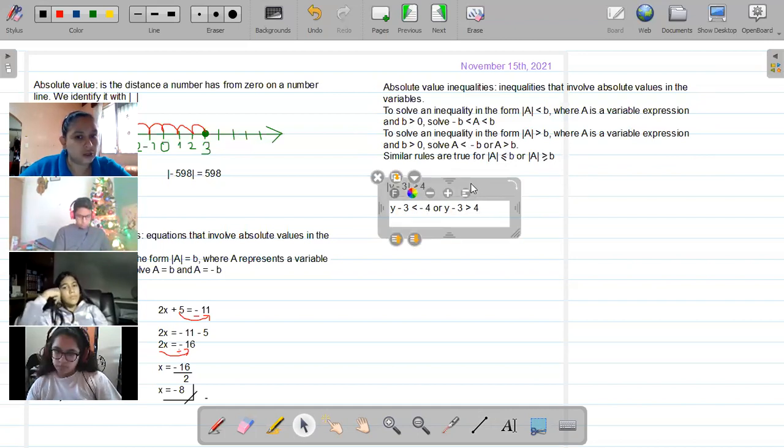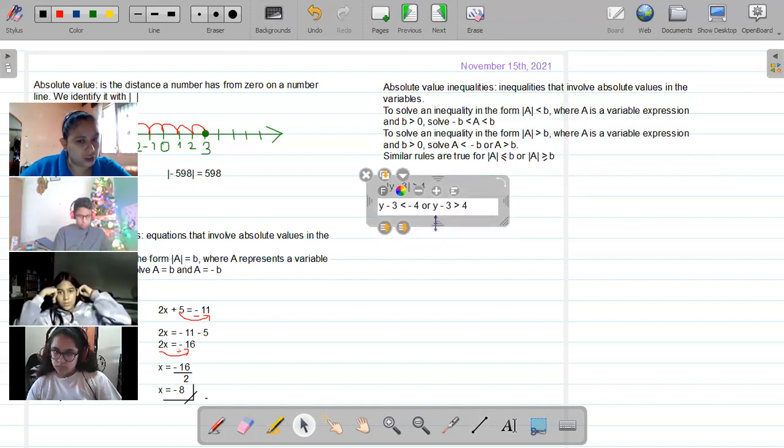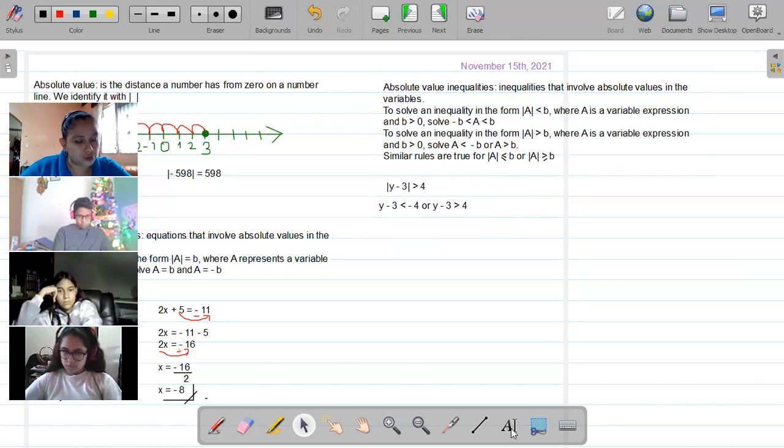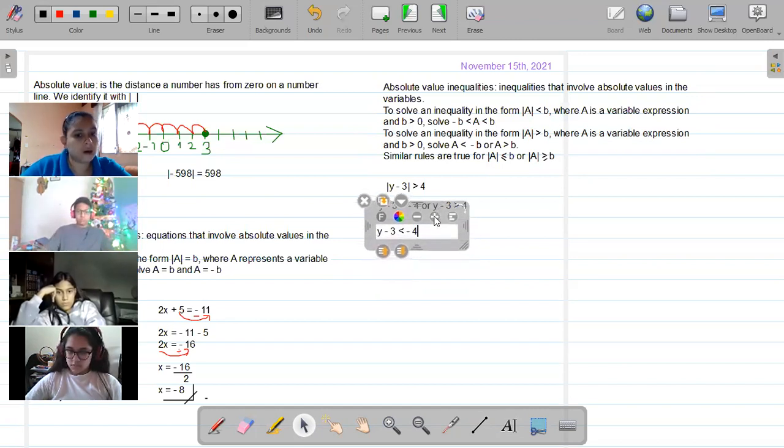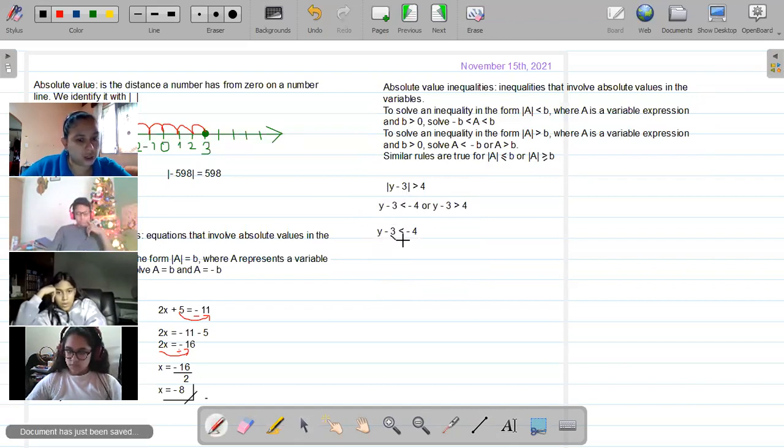Now I'm going to solve it in two separate ones, just like we solved our inequalities usually when it is an OR. Okay, so we're going to say y minus 3 is less than negative 4. And we're going to solve that. So the negative 3 should go to the other side because remember the 3 specific rules that it says that all constants need to go on the right.